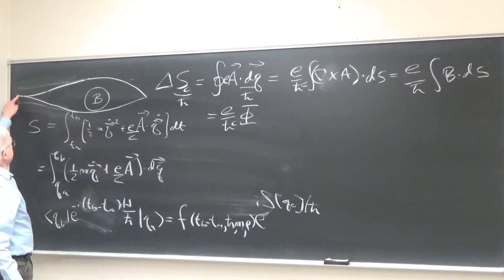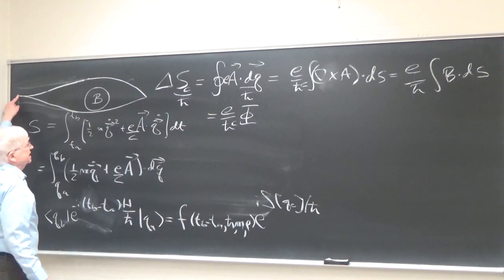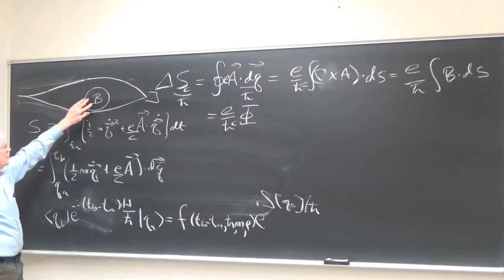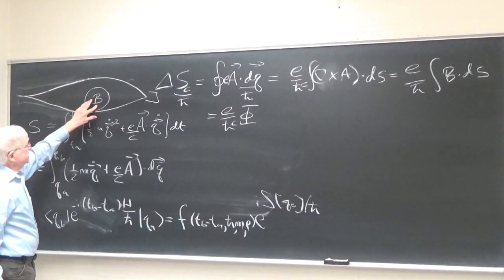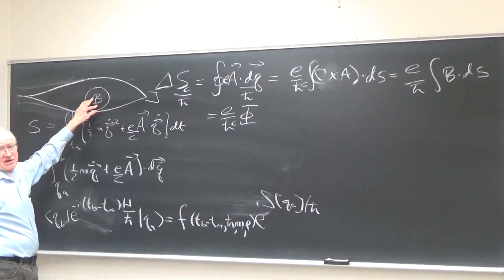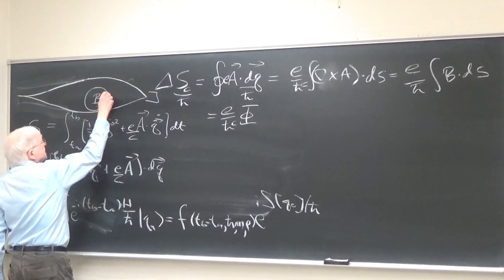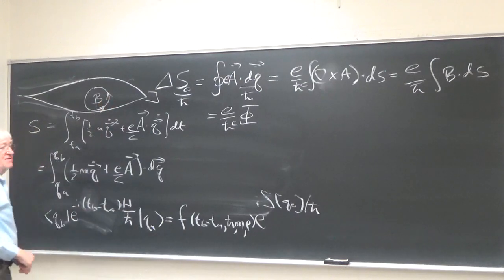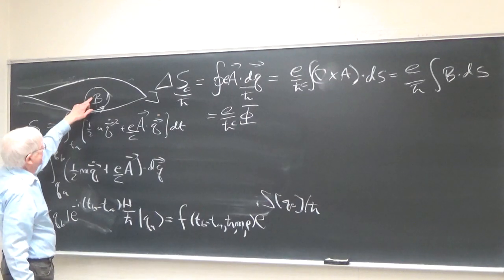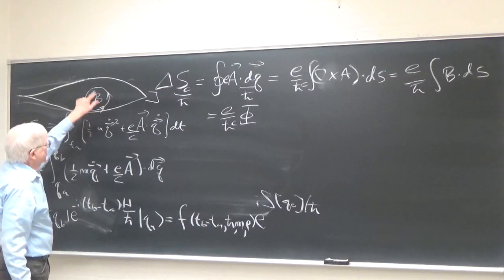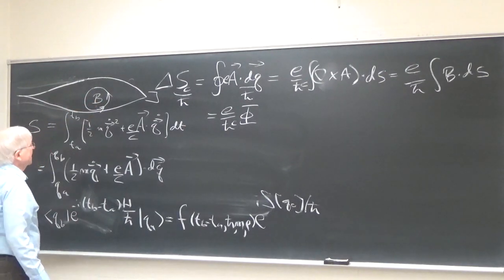Anyway, if you have an electron here and a detector here, and you have a magnetic field inside, say, a solenoid, where the current is going this way. Actually, I may have the current going the wrong way. No, I think I do have it going the right way. So there's a magnetic field pointing out due to the current winding around the solenoid.